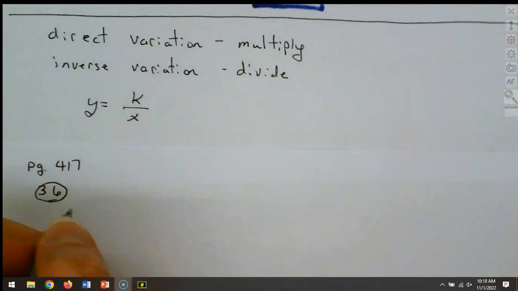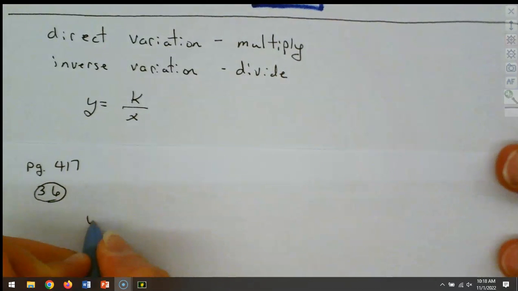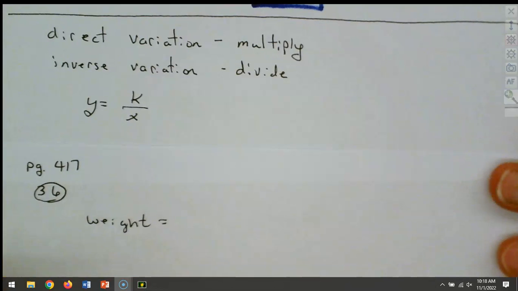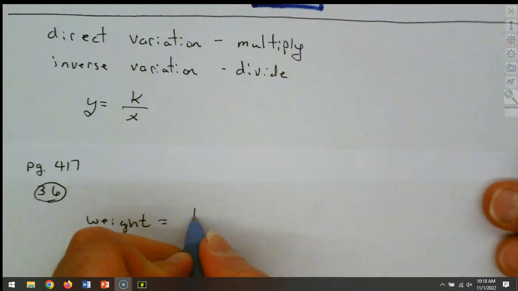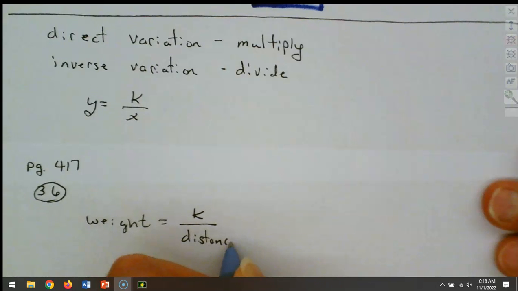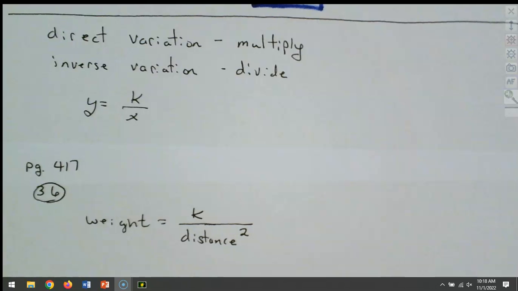So we've got the weight, okay? And what does the weight equal? Well, the weight equals K, that's our constant that we have to find, over the distance, but in this case, it's the distance squared. So there's your formula: weight equals K, which is the constant value, over the distance squared.